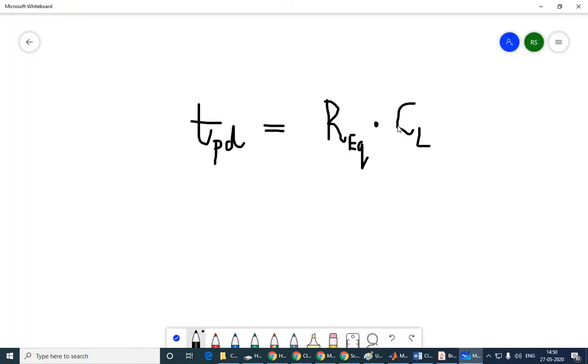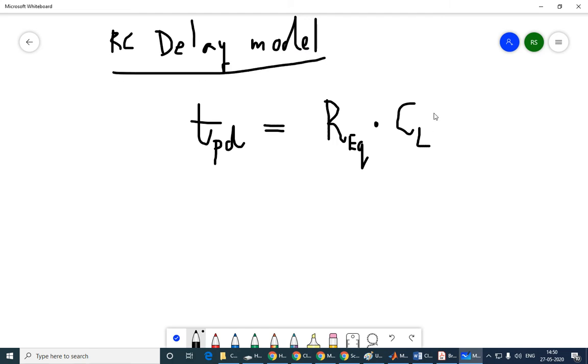And what is the delay as predicted by the RC delay model? It just says that the delay is equal to R into the total load capacitance. That is all.